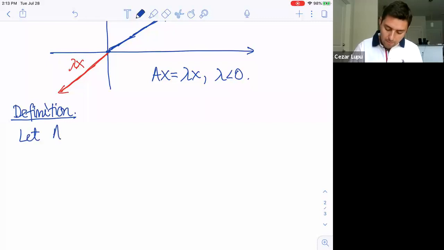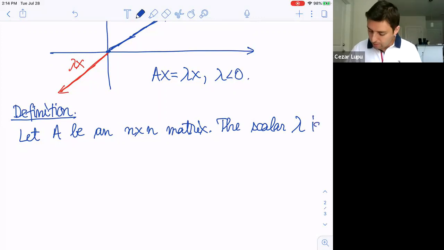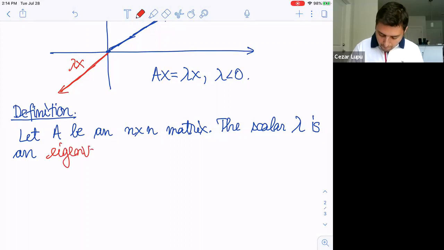Let A be an n by n matrix. The scalar lambda is an eigenvalue of A. This is very important.